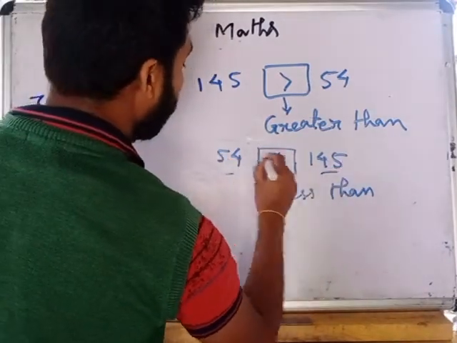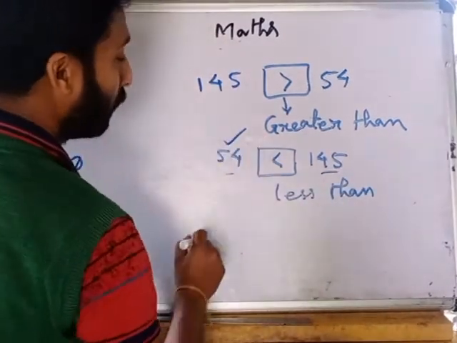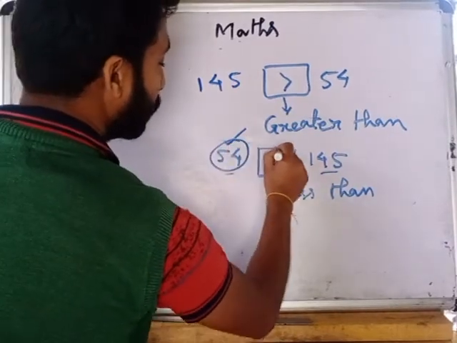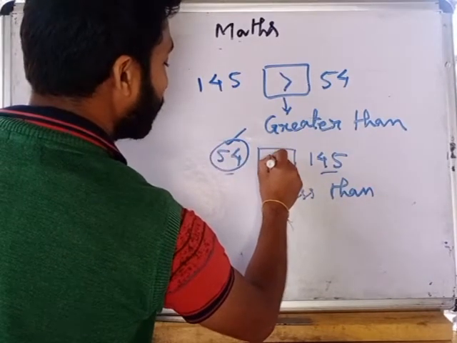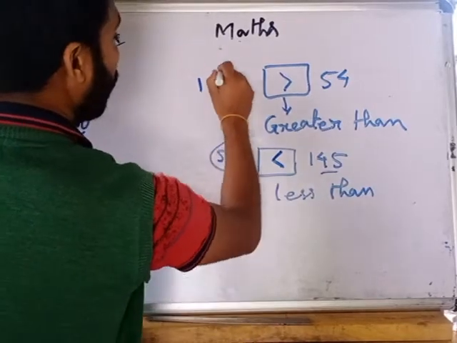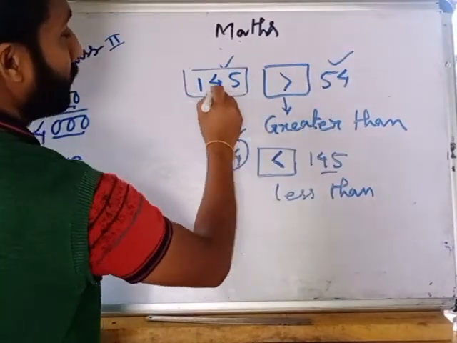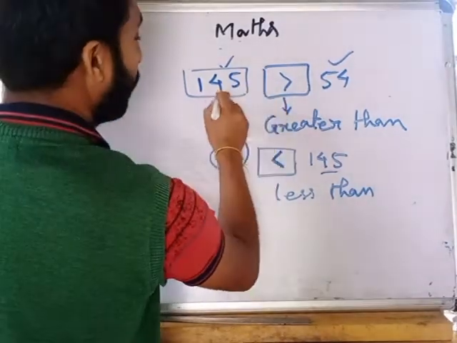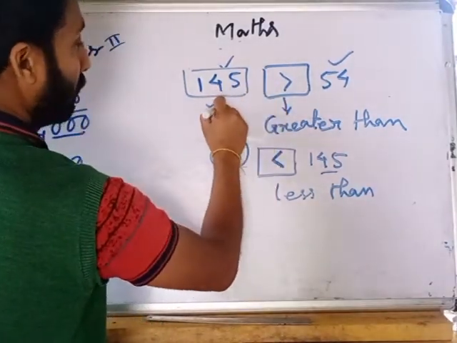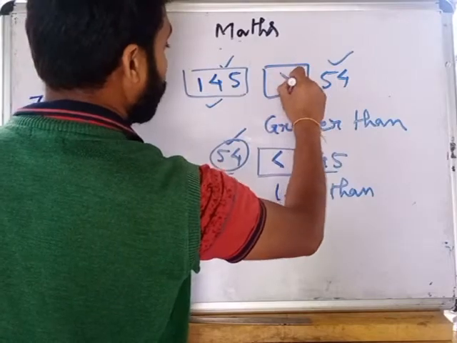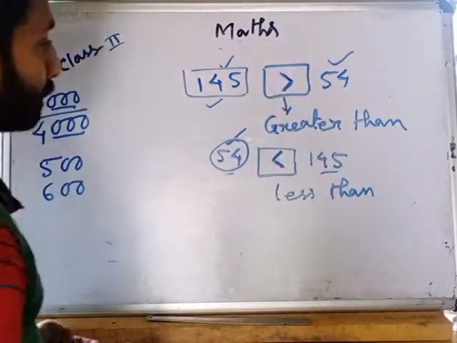From these two numbers, this number is smaller, that's why we should write here the less than sign. From these two numbers, 145 is greater or bigger, that's why we should write here the greater than sign.